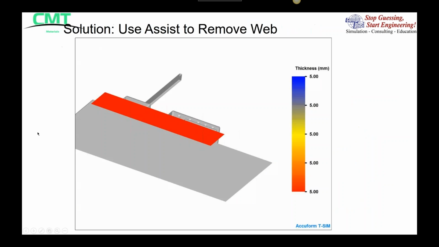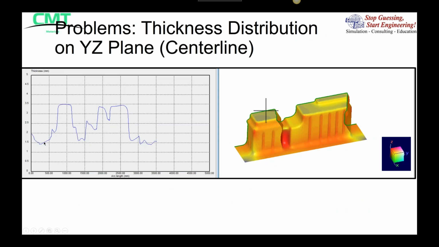This graph is showing the thickness along the arc length, and these crosshairs here are right here, this position. And you can create graphs in any cut location direction you want to investigate the thickness distribution of the part.